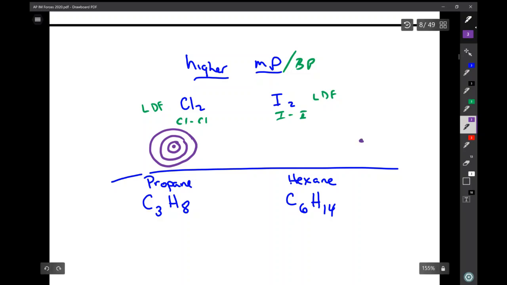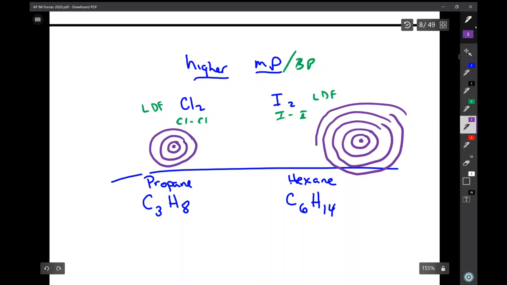Iodine, though, has 5: 1, 2, 3, 4, 5. Now I'm just drawing the one atom. You can imagine them both bonded to 2, and it'll be the same concept. Just for room on the page, I'm doing one atom here.